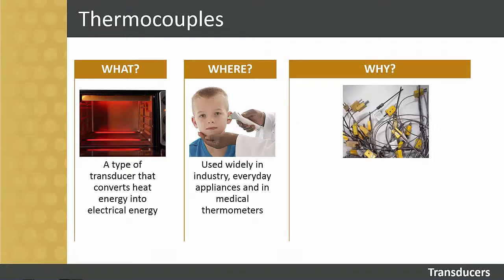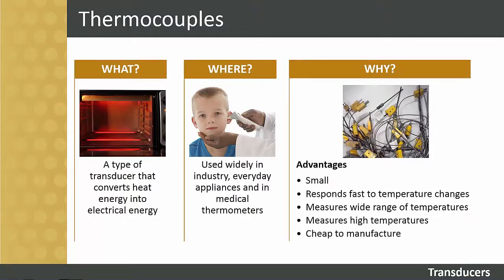Thermocouples have many advantages when compared to other forms of temperature measurement. They are small in size, and this makes them fast to respond to temperature changes. Thermocouples can measure a wide range of temperatures as well as high temperatures. Finally, they are comparatively cheap to manufacture.